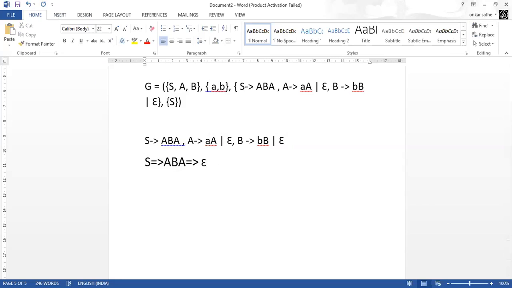So we have to remove epsilon productions from the grammar. So here first we will keep this S gives ABA as it is. Then we will remove the production A gives epsilon. Then we will remove the production B gives epsilon.